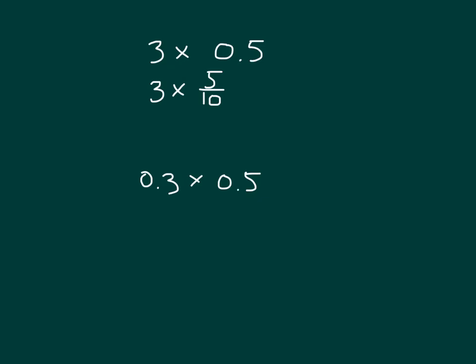The next step from there would be 3 times 5 over 10. And 3 times 5 is 15 over 10. That's 15/10. And then how do you write 15/10 as a decimal? Right, 1.5.